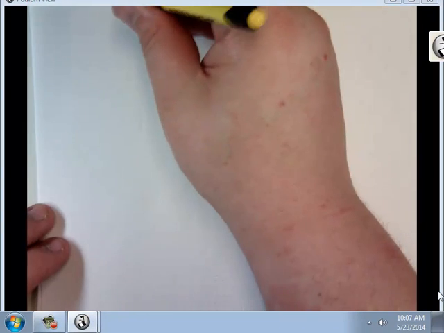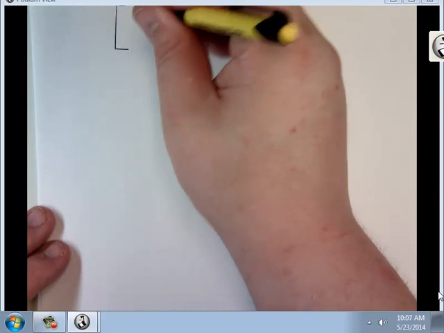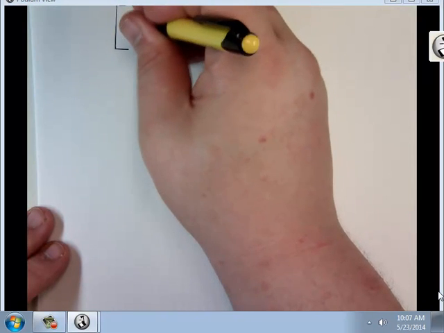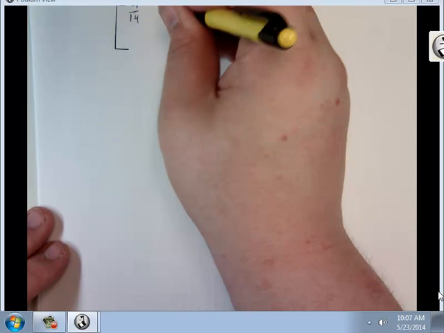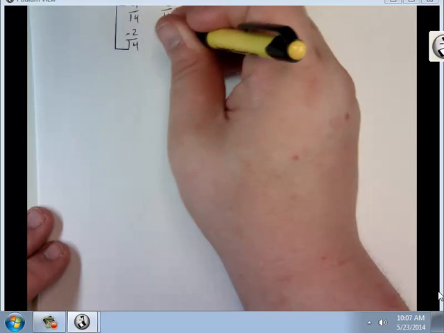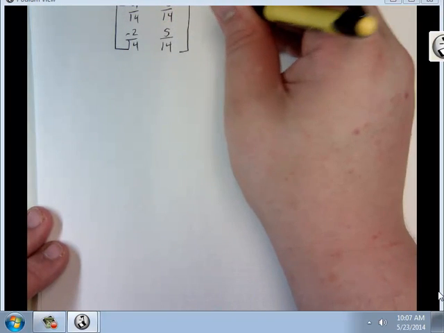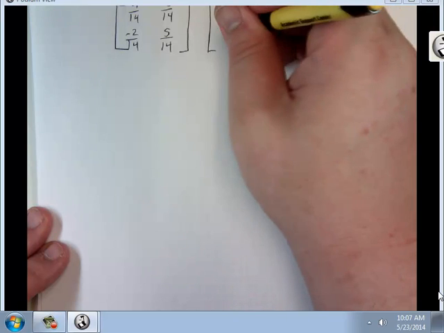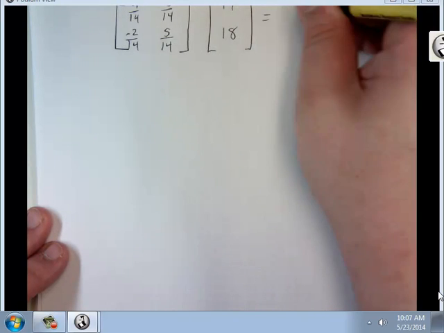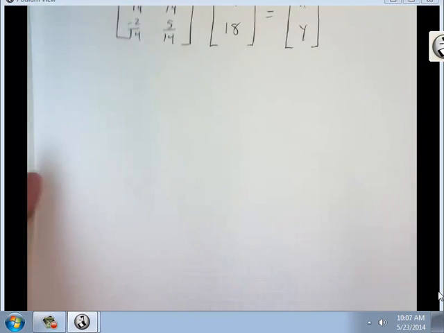So, sorry, I'm on the next page, but A to the minus 1 was 4 over 14, negative 3 over 14, negative 2 over 14, 5 over 14. C is 17, 18, and this is going to equal x, y. This is where we're putting everything together.